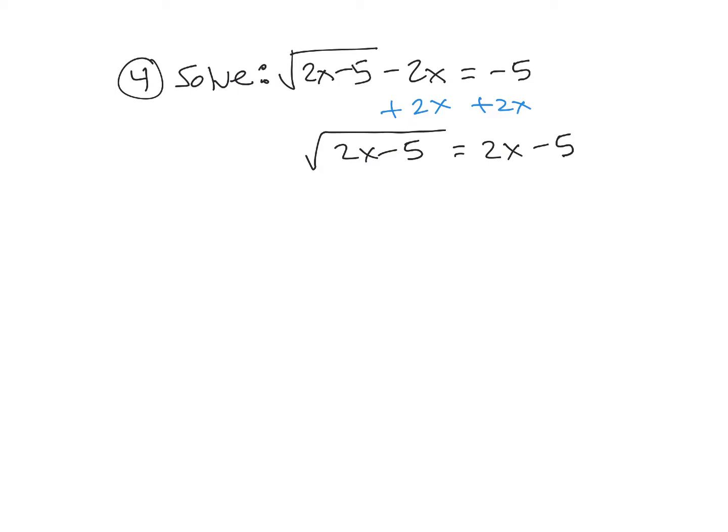I'm going to get rid of square rooting by squaring both sides. And that is going to require me to FOIL this business out on the right-hand side.